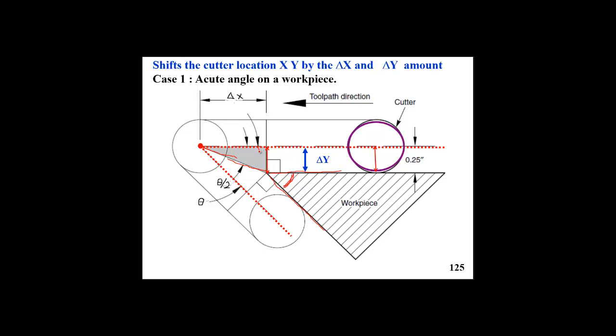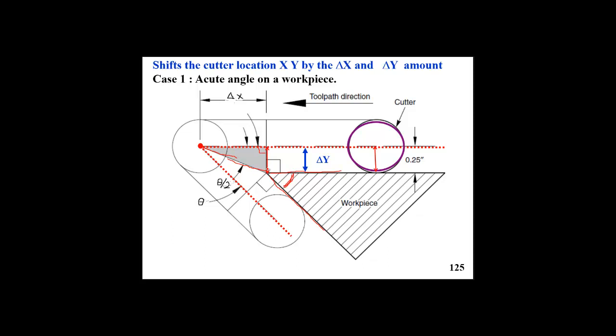We have to solve that triangle, meaning we need to know at least two sides, because these two sides represent the amount of shift we use to avoid the wrong cut in the workpiece.